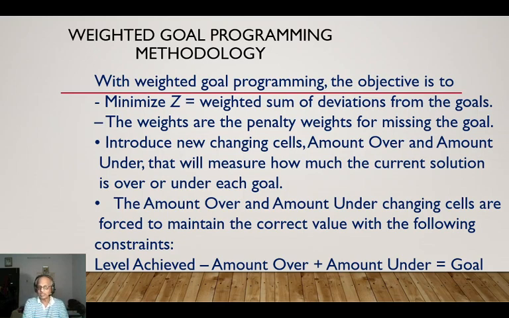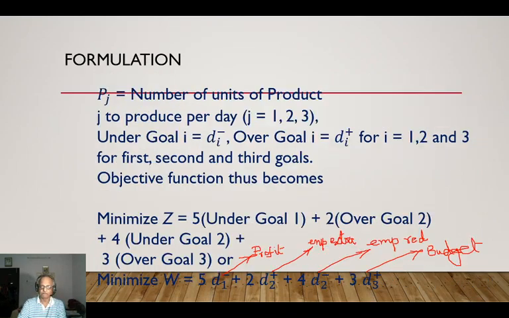So level achieved minus amount over plus amount under is your goal. But remember, amount over and amount under both cannot exist simultaneously. So if amount under is 0, then amount over will have some value. This way of formulating the model makes it an LP model.